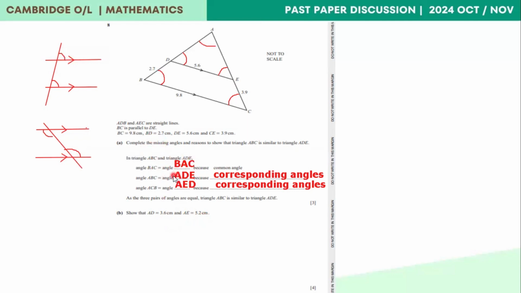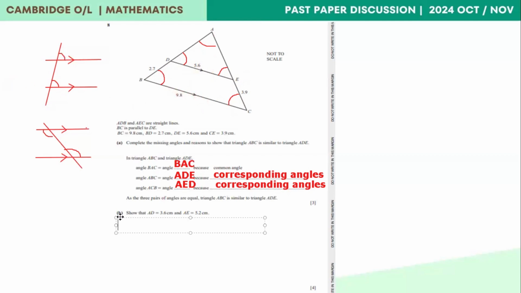The length ratio means we take a length of the first triangle ADE and the corresponding length of the second triangle ABC. So we'll take the known lengths. In ADE, we know the base, 5.6. In ABC, that is 9.8.